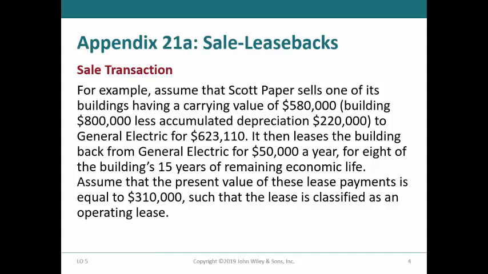It then leases the building back from General Electric for $50,000 a year for 8 years of the building's 15 years of remaining economic life. The present value of the lease payments is $310,000, so that this lease would be classified as an operating lease because none of the criteria for a finance lease were met, including lease term and present value.